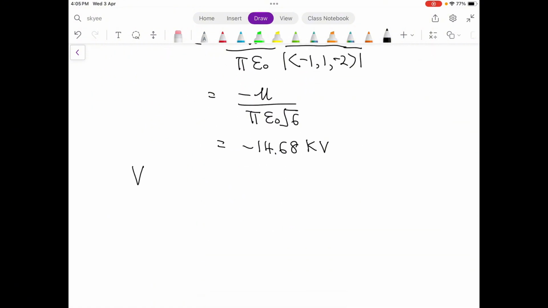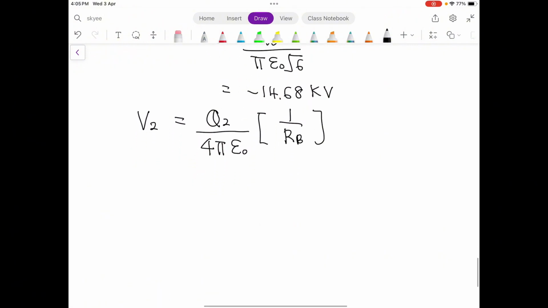Then we look for the V2. V2 will be the same thing, but now you focus on the coordinate of Q2. So 4 pi epsilon naught, 1 over RB. Now the RB is the distance between the point that you want to find the potential and the location of the Q2.